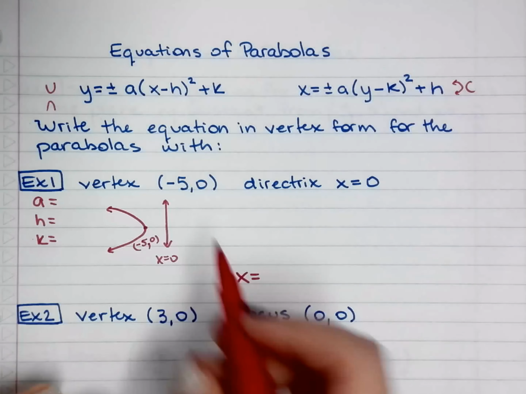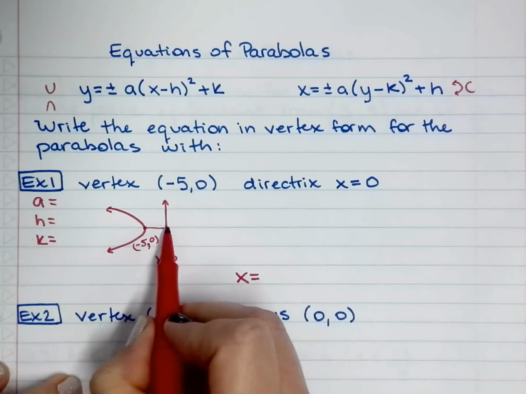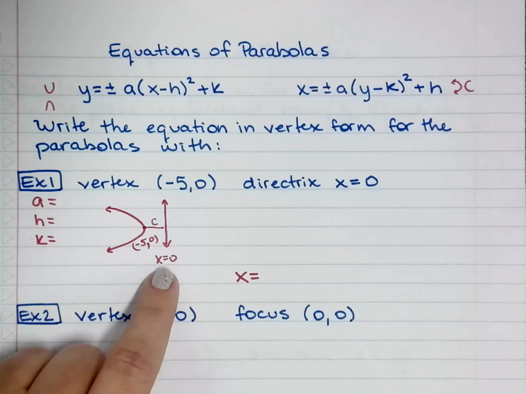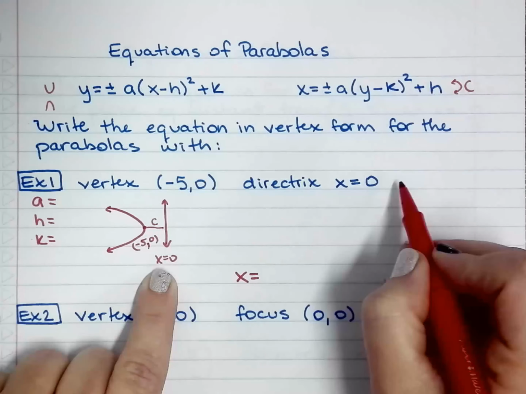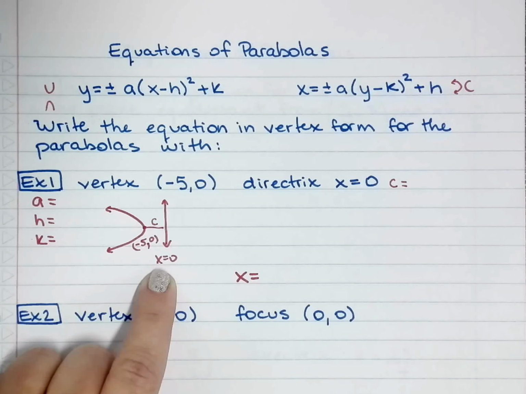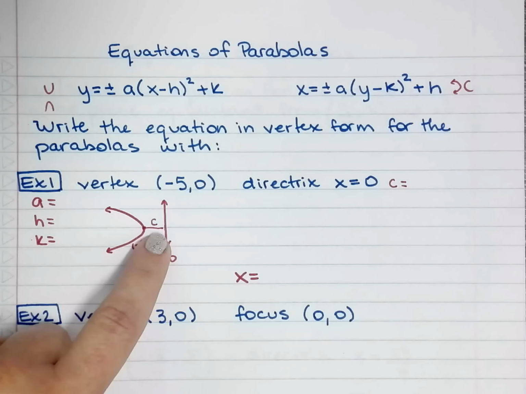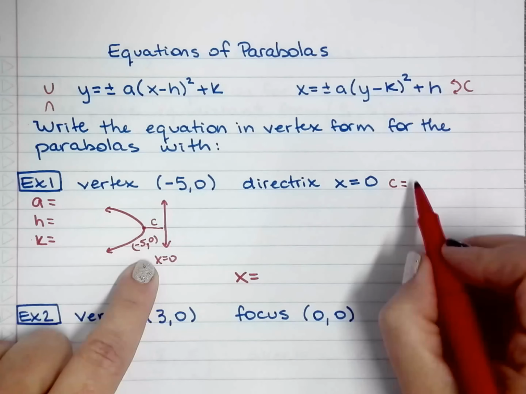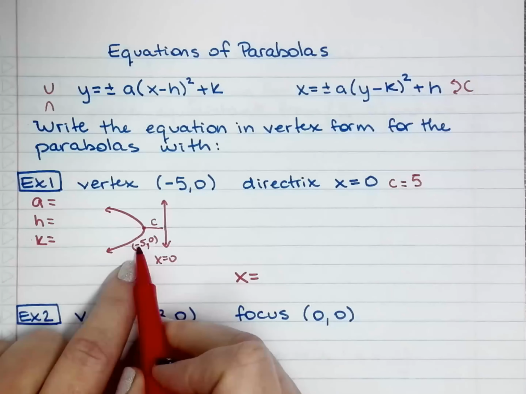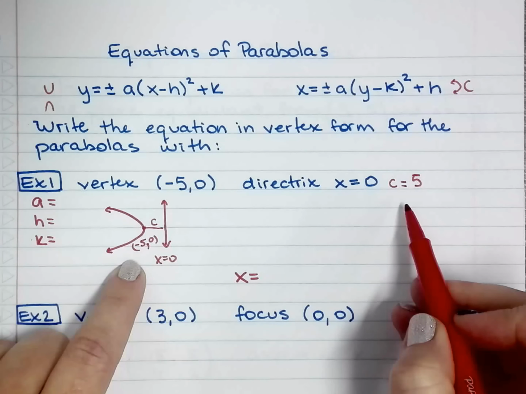And I remember that C is the distance from the vertex to the directrix. C, right there. In this case C is 5, because from -5 to 0, that is 5.